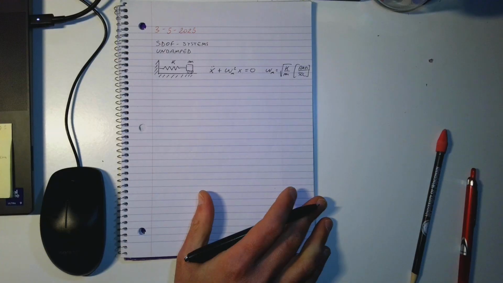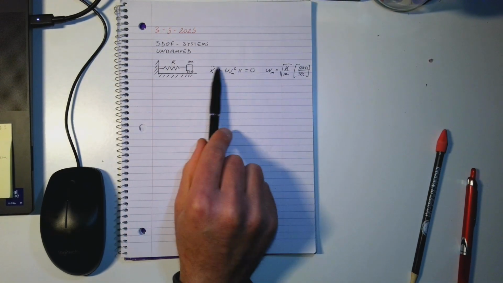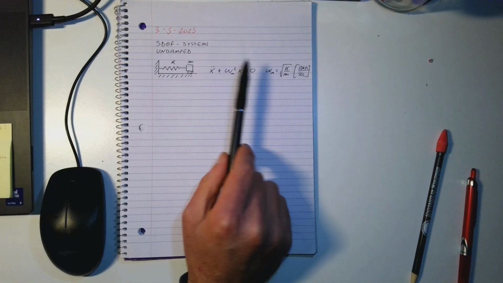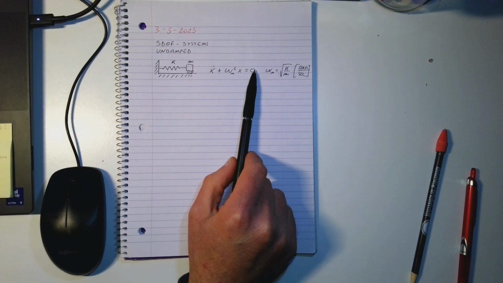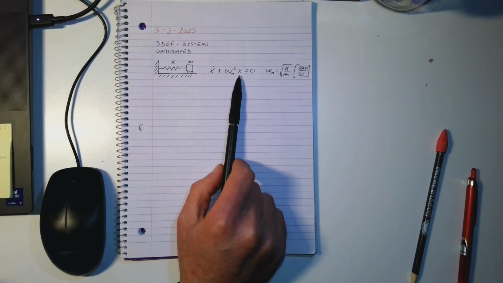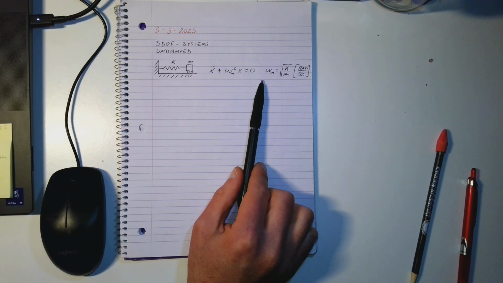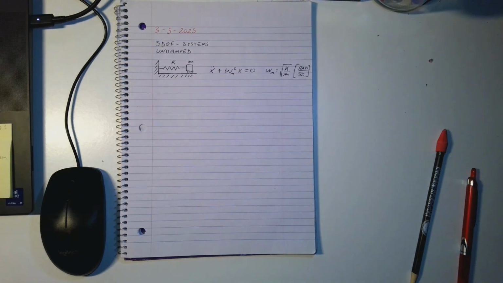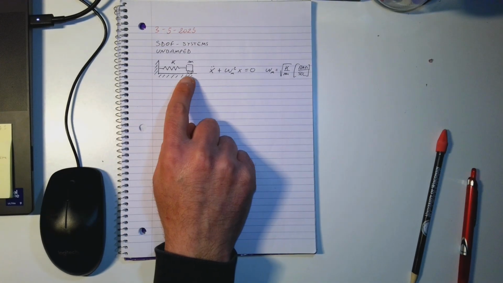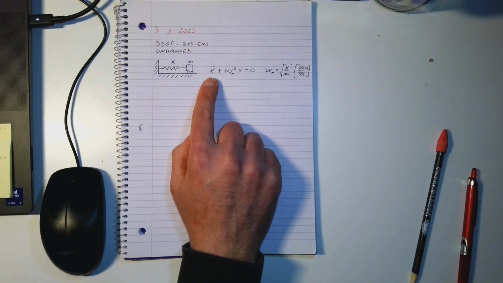All right. Now that we have the equation of motion that describes how the system behaves, what we should do is to find a solution of the equation of motion that describes basically how our x, so the coordinate x, the displacement, changes with time.